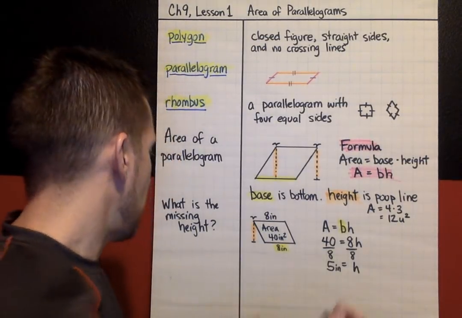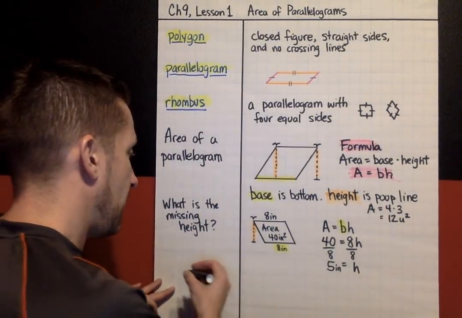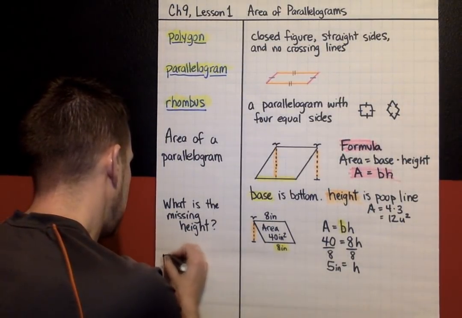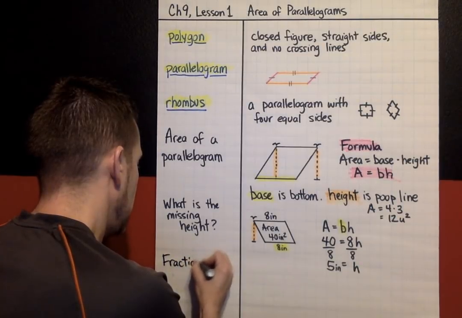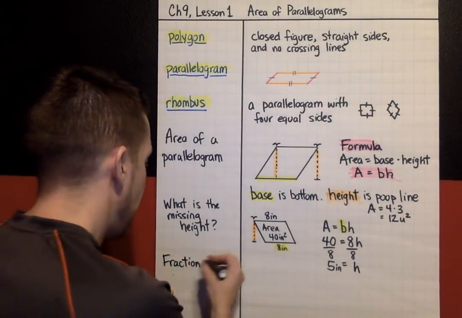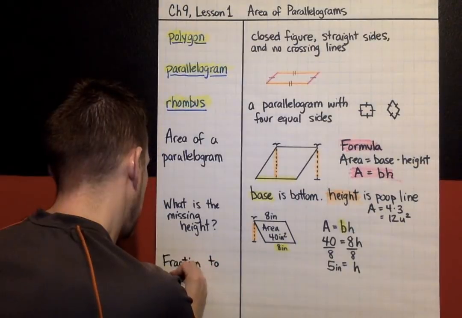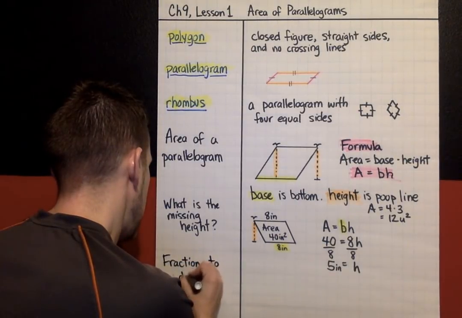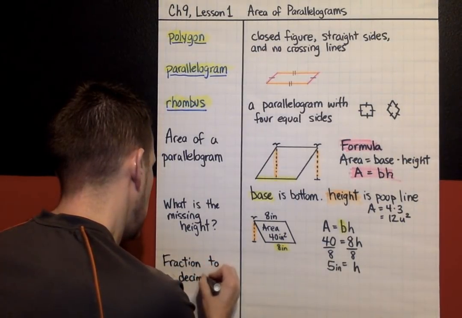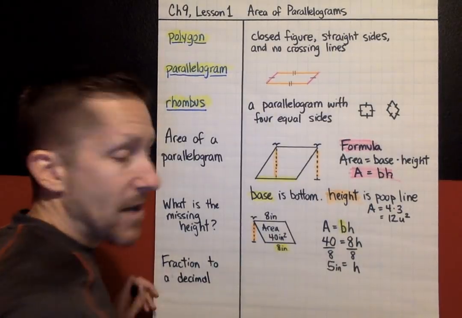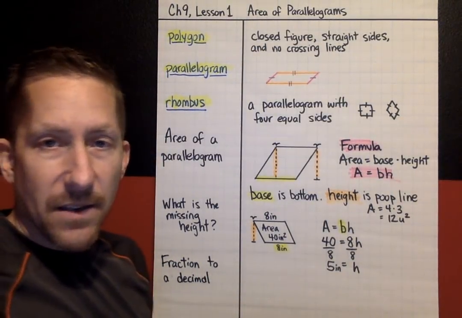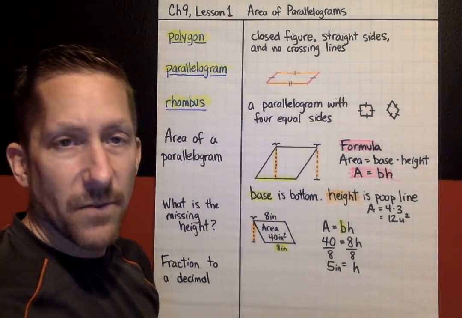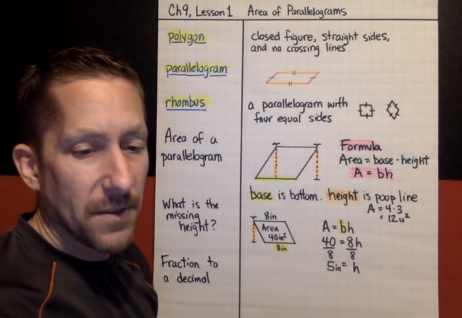There's one other thing that I want to remind you that you're going to need for today's practice, and that is this. How do you go from a fraction, any fraction, to a decimal? We've talked about this many, many times this year. I want you to be able to use your calculator today, and there are some fractions in some of your practice problems.